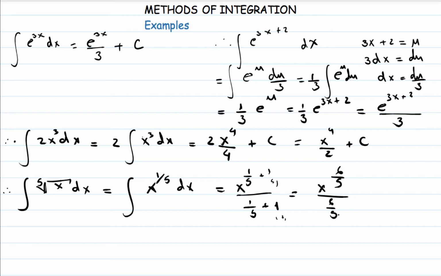So this is dividing by a fraction: you take this, put it up, and you're going to have 5x raised to 6 divided by 5, divided by 6. Done. Simple example.